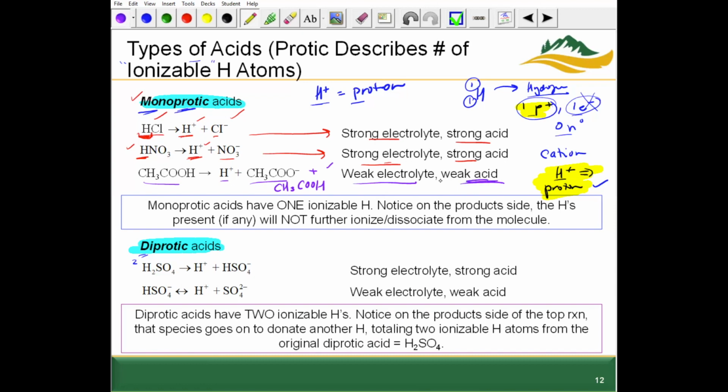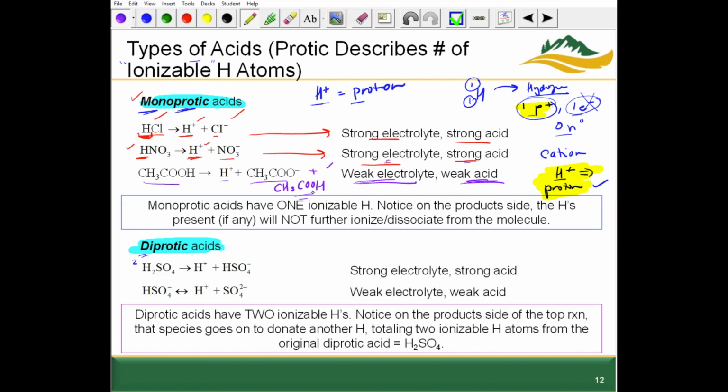So weak acids are weak electrolytes, strong acids are strong electrolytes. Same with bases as well. Weak bases are weak electrolytes, strong bases are strong electrolytes. So acetic acid is a weak acid, a weak electrolyte. It does not fully dissociate.